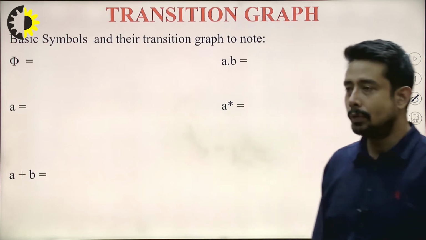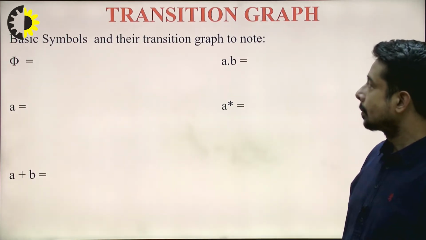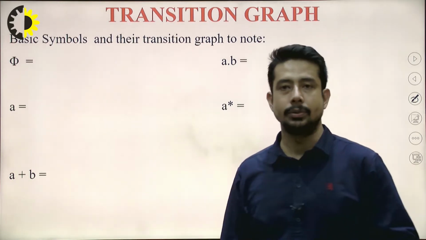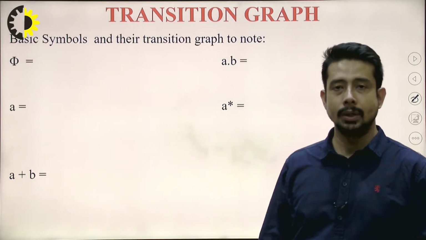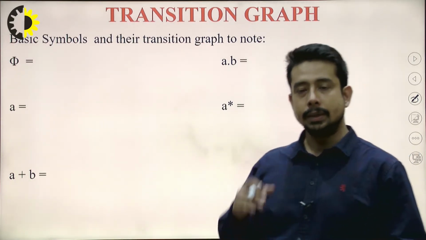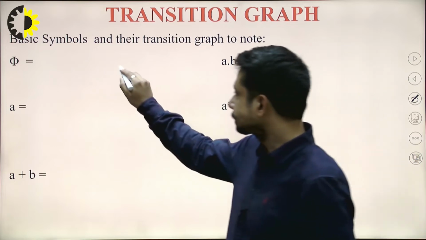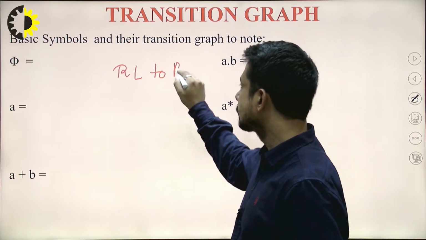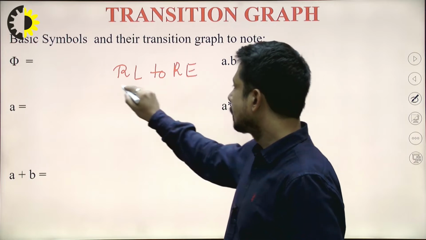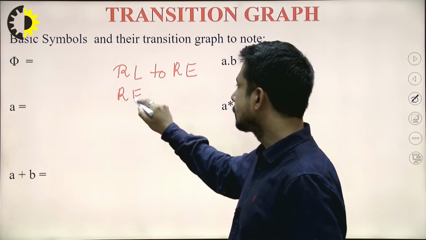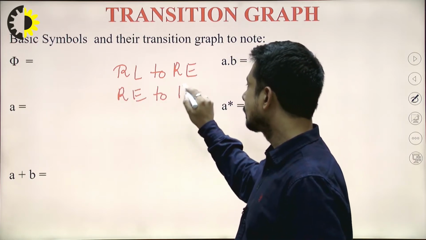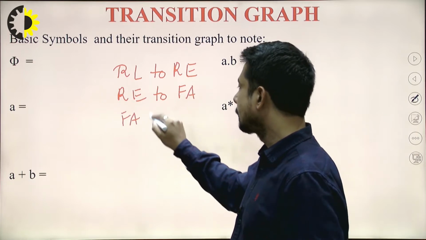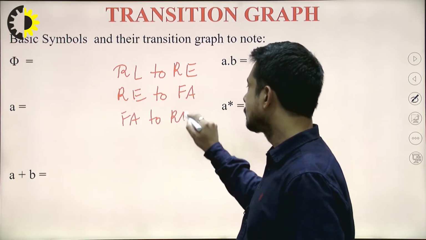First of all, we will look into the transition graphs related to some of the basic expressions. This is very important, because we need to cover regular language to regular expression, then regular expression to finite automata. Also, we have to see finite automata to regular expression.